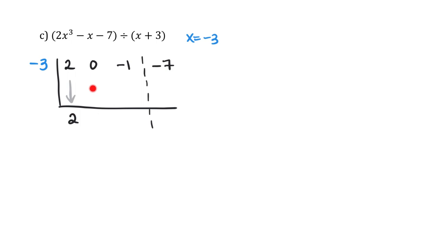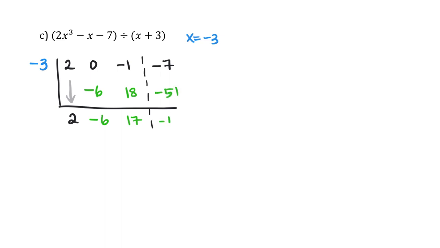Multiply, negative 6. Add down, negative 6. Multiply, put it here, negative 3 times negative 6, positive 18. Add down, negative 1 plus 18, 17. Negative 3 times 17, what is that, negative 51?